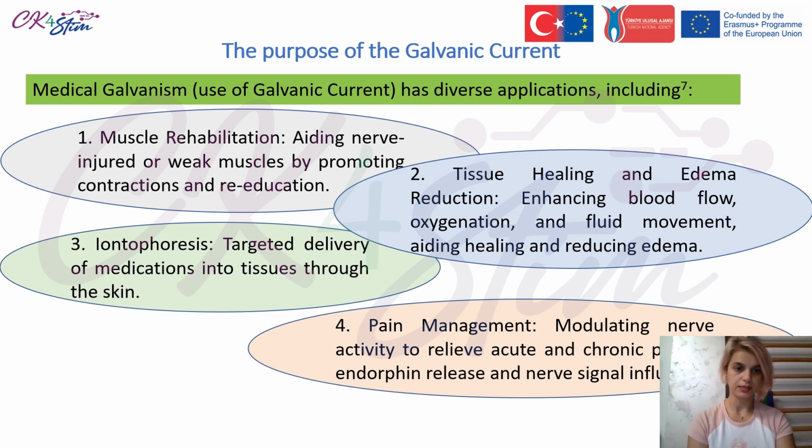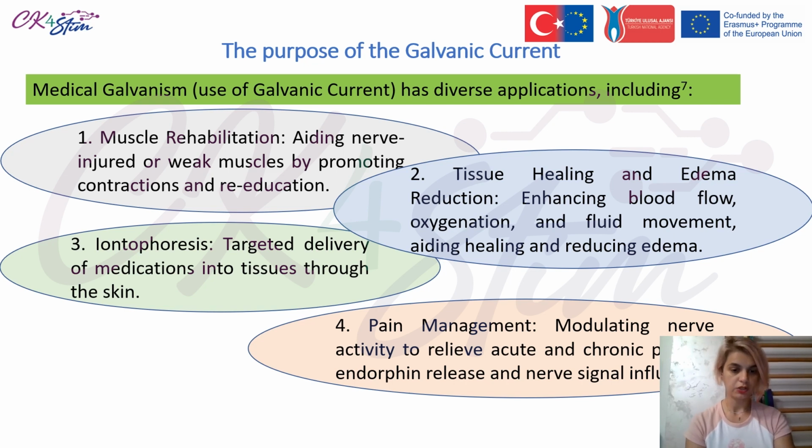For ionophoresis, the targeted delivery of medication into the tissue through the skin is an important medical galvanization use. The current enhances the transport of charged particles from the medication, allowing for a targeted and controlled delivery of this medication for a localized therapeutic effect.